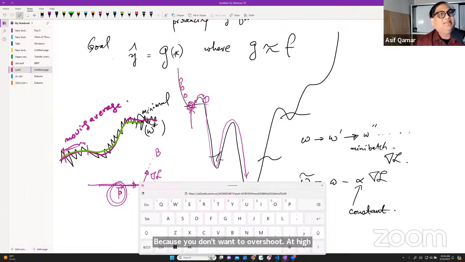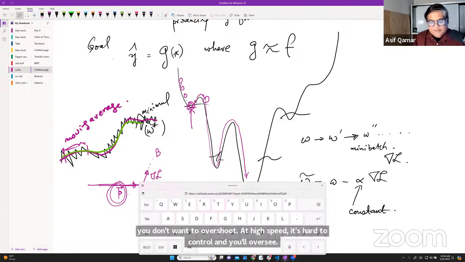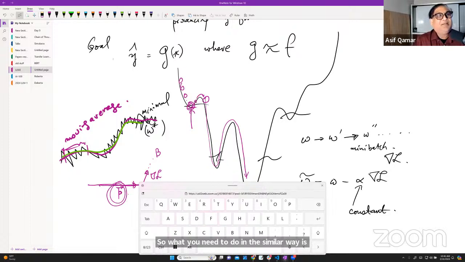So what you need to do in a similar way is that it is all right to move fast, learning rate to be big in the beginning, but eventually you want to keep slowing down. So what you do is every epoch that you run, or every step, depending upon how you do that, you can do a learning rate scheduling.